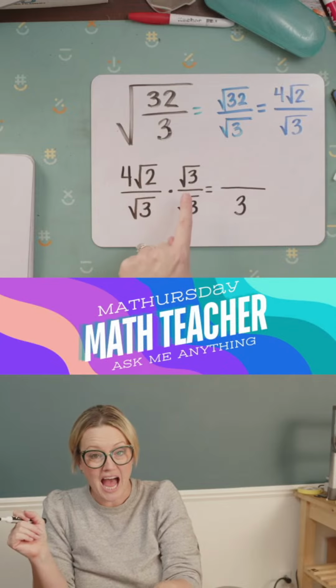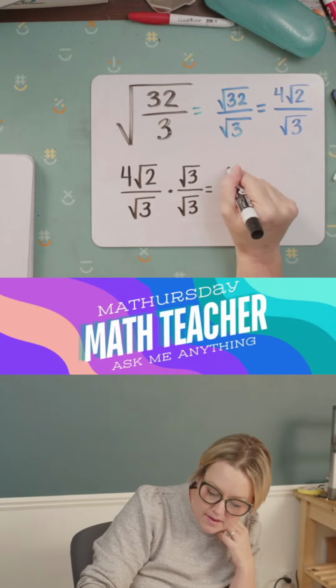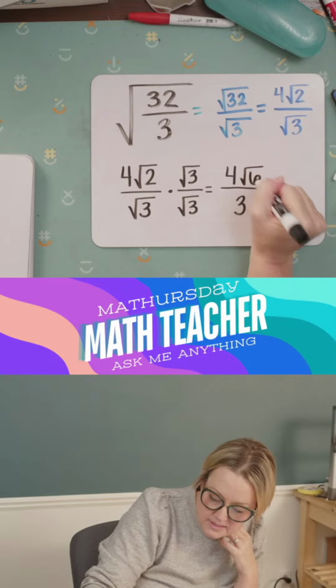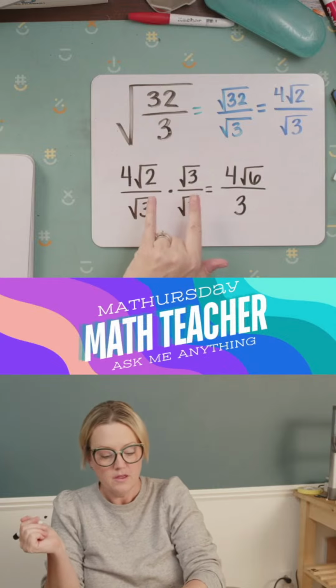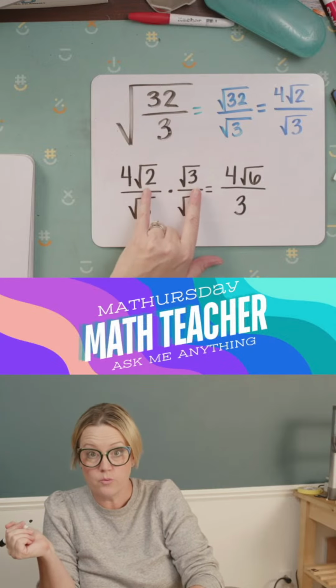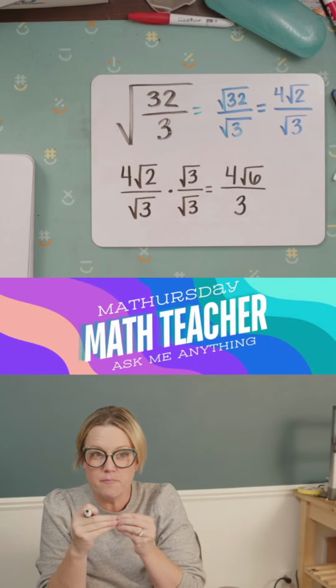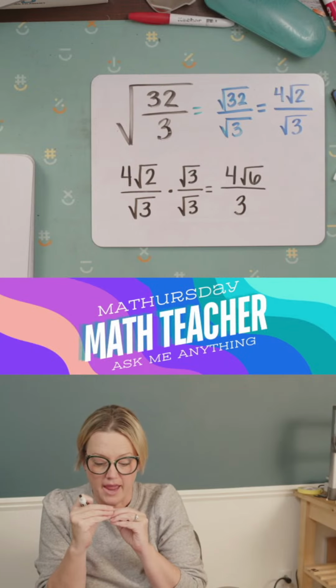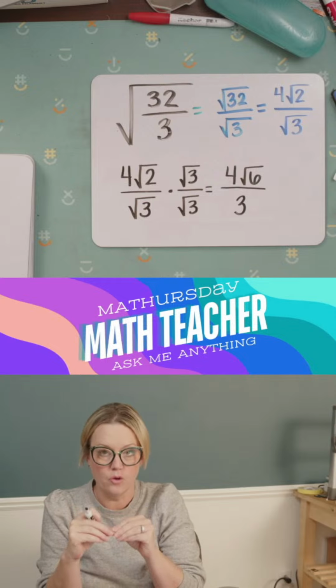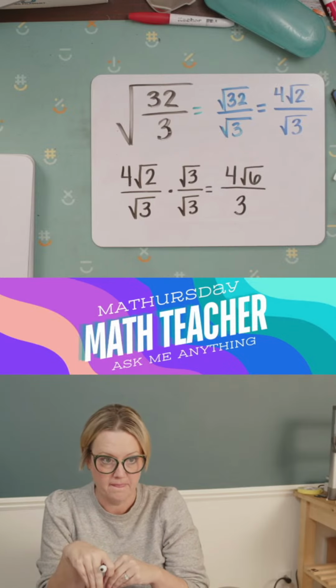And 4 root 2 times root 3 becomes 4 root 6. They're both under the same square root, so I can stick them together and multiply them. So this is going to be 4 root 6 over 3.